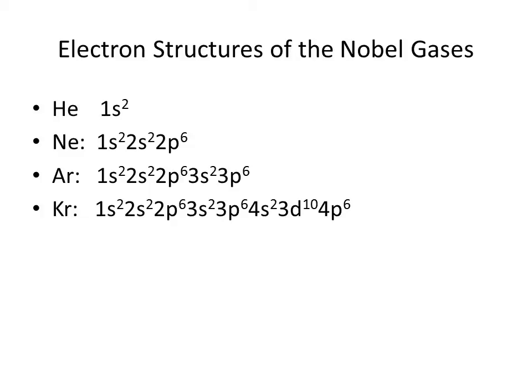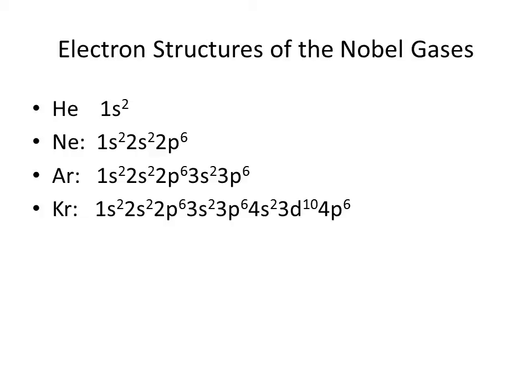The electron structure of the noble gases is shown here, and elements that are nearby the elements shown will react in such a way that they get to the electron structure shown for the noble gases. That means hydrogen will try to react in such a way that it attains a 1s2 electron configuration.